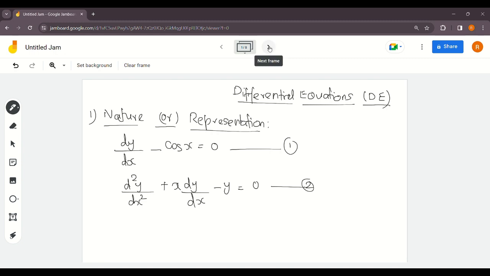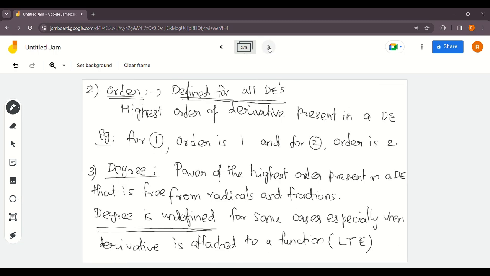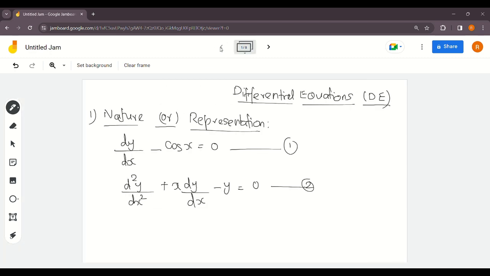So now we are going to see the next concept, that is order. So order, first of all, it is defined for all differential equations. So order means the highest order of derivative present in a differential equation. So that is the highest order. So if you see in equation 1, the highest order is 1, that is dy by dx.